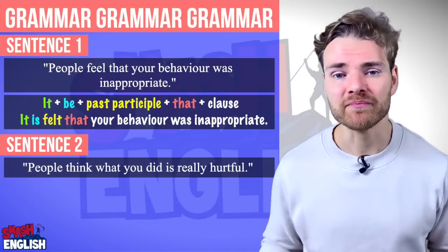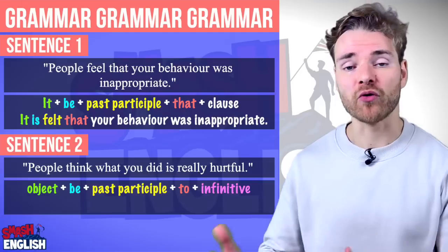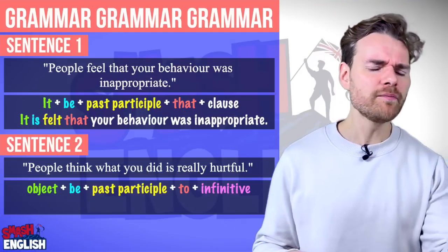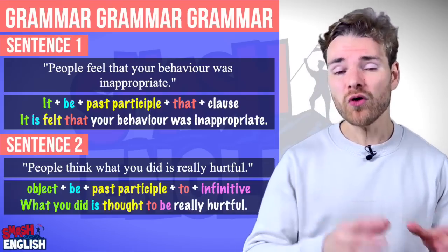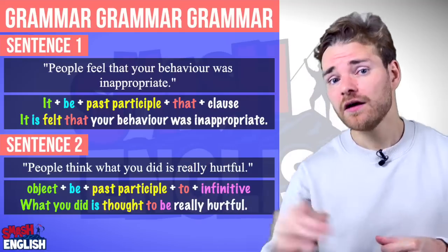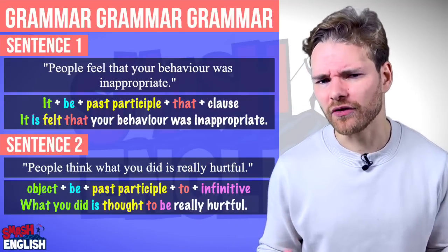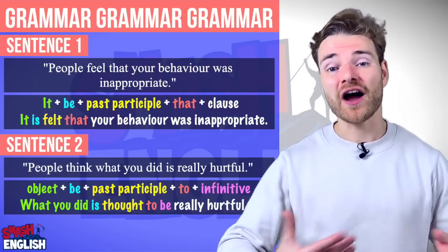Well, it's simple. Object plus be plus the past participle of our reporting verb plus to plus the infinitive. This gives us what you did is thought to be really hurtful. And of course, we can use both of these structures for either sentence.